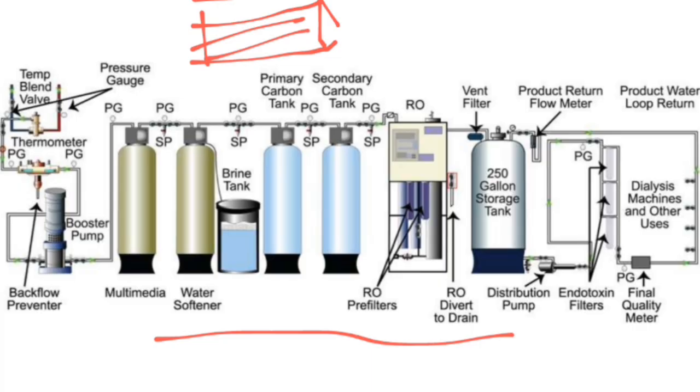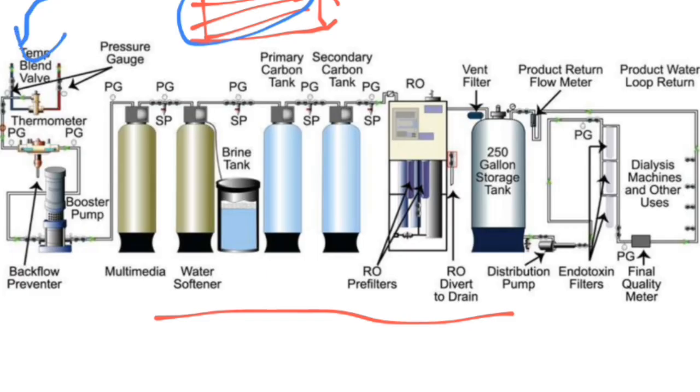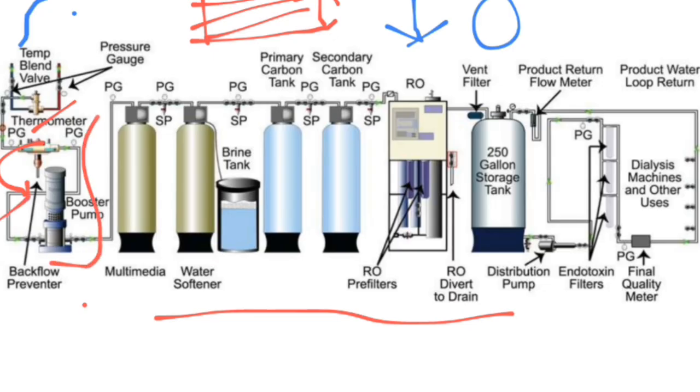Then from this tank, water comes to a temperature blending valve. From that temperature blending valve, water comes to a booster pump which forces water to pass through these filters to the RO membrane.